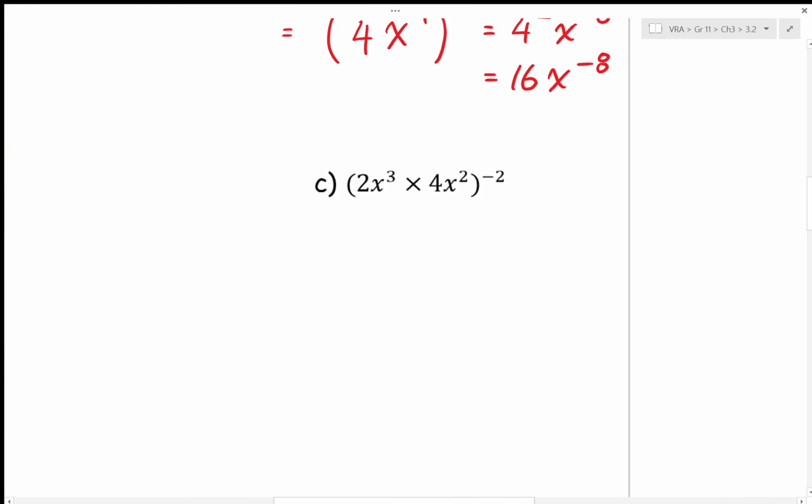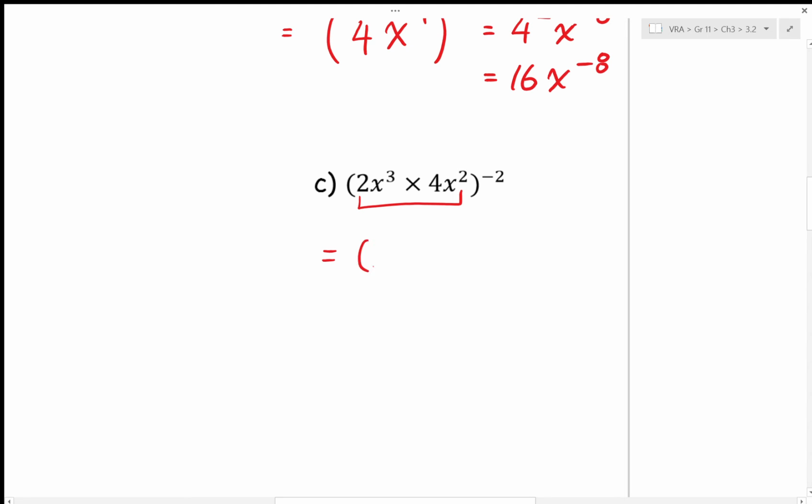And then the last one, we have brackets, whatever is inside, to the power of negative 2. Again, you cannot multiply these two directly, okay? Please don't do it. Just make sure you complete the inside first. Well, you can multiply this directly, it's just that it's a long process.